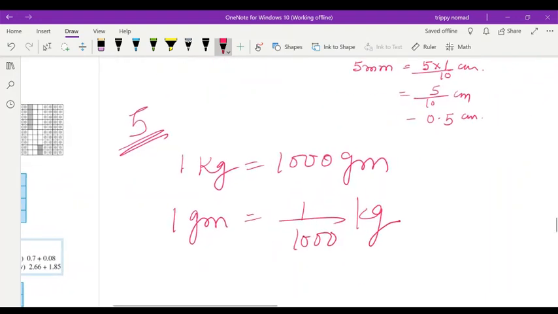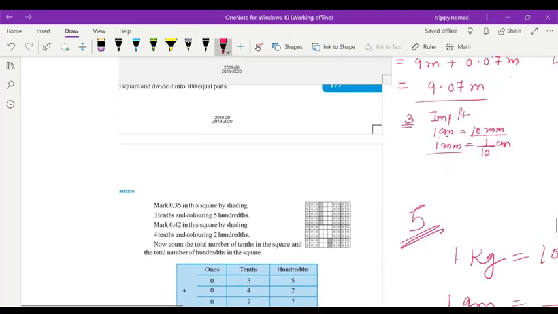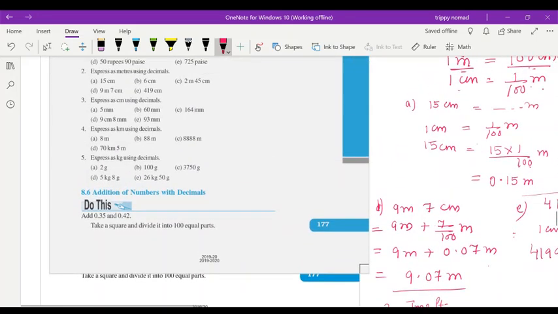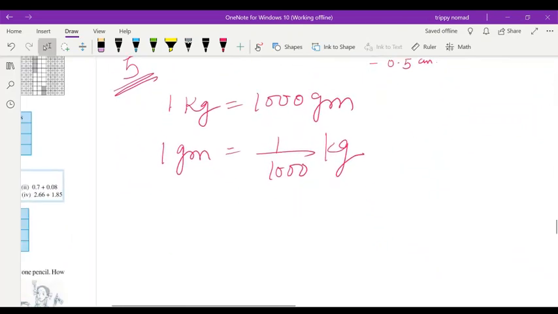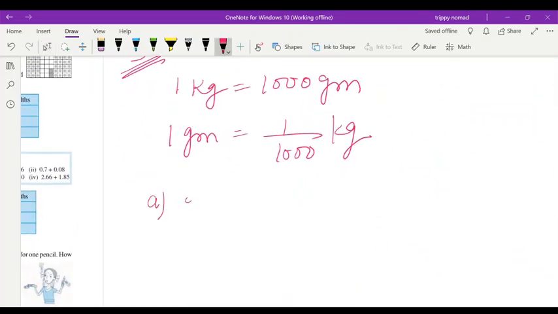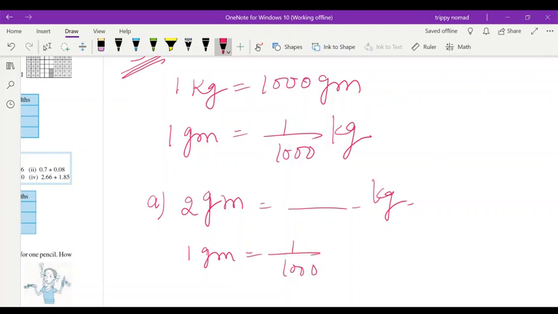I hope you understood, same way, children, as we have done the previous sums. Second is 2 gram. You have to convert into kilogram. So 1 gram is equal to 1 upon 1000 kilogram.